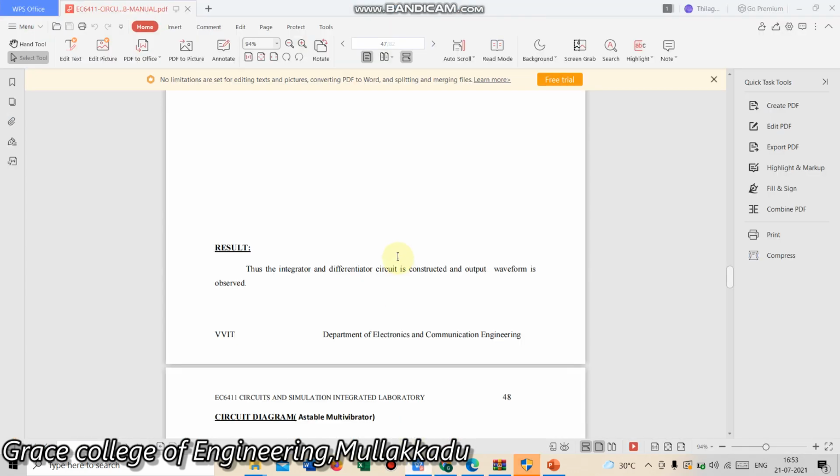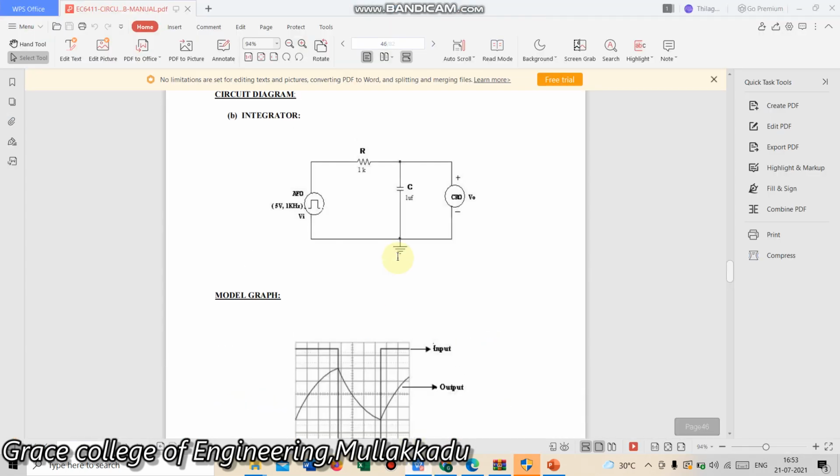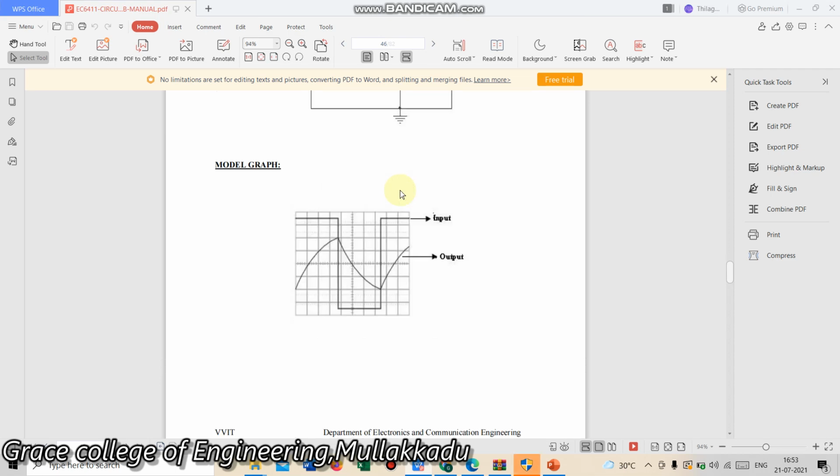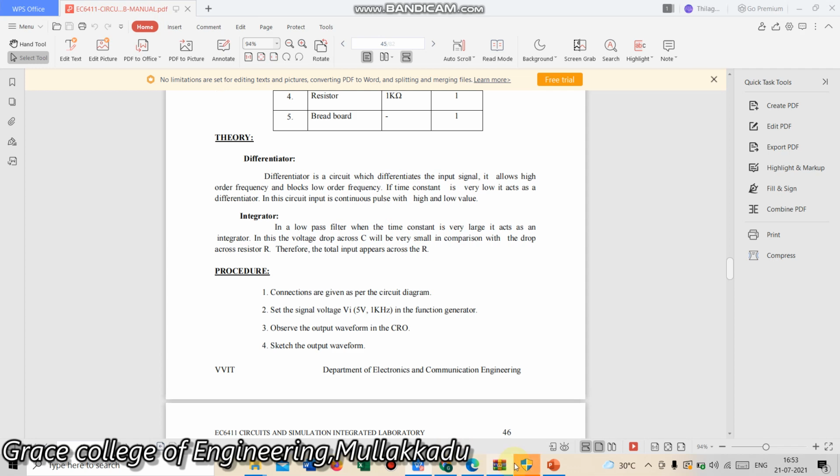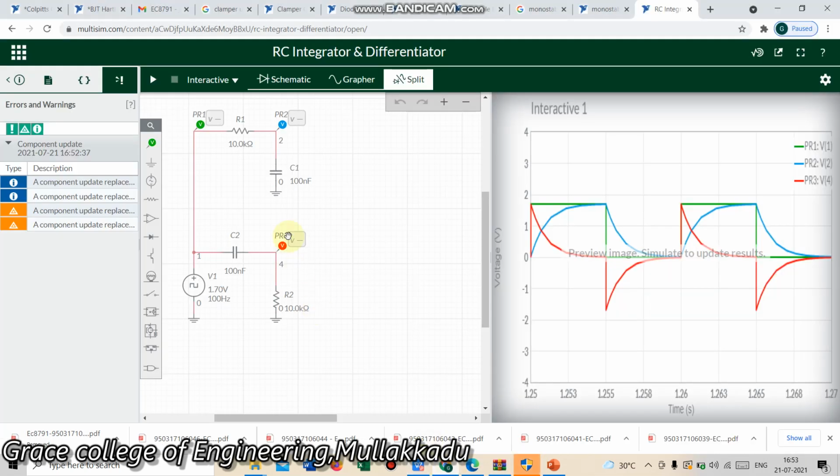We have already seen that the integrator circuit consists of series resistance and parallel capacitance. Therefore, in the diagram we can see that the integrator consists of series resistance and parallel capacitance. So this is an integrator circuit.